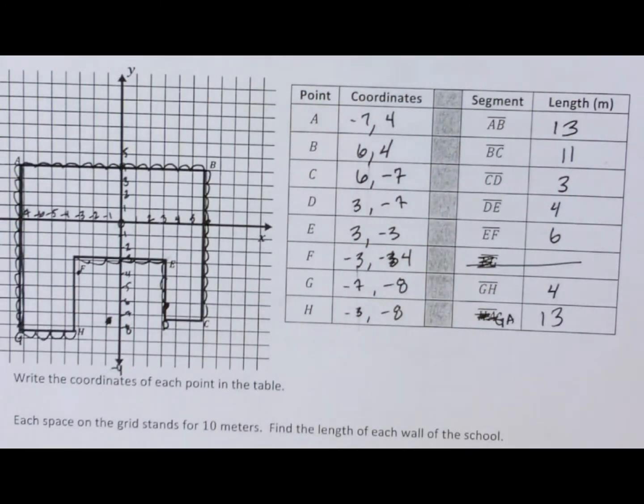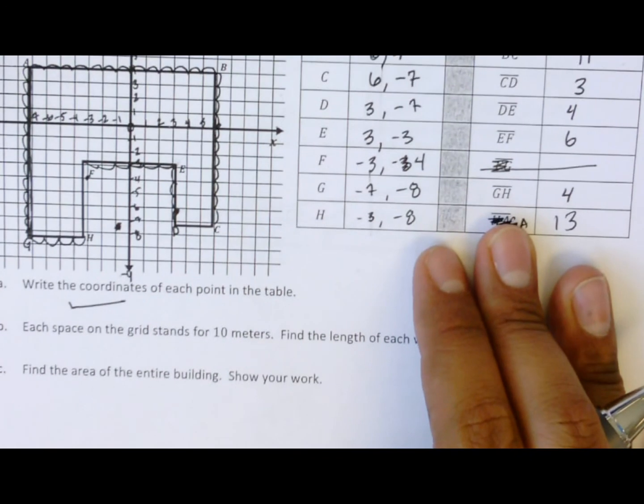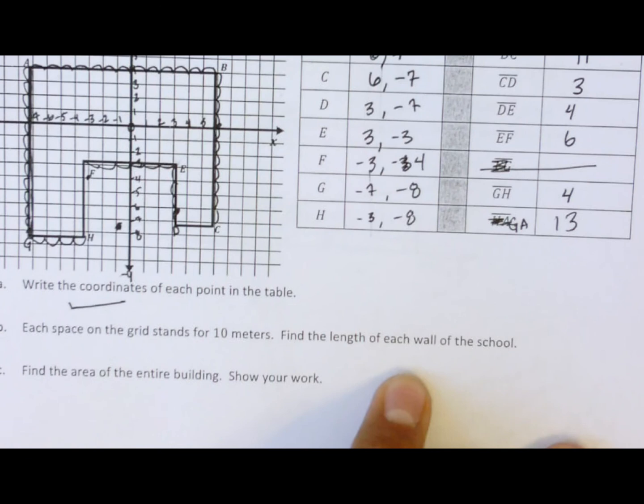Cool. So we wrote the coordinates. Check. Each space on the grid stands for 10 meters. Find the length of the wall for the school. Oh, dang. Here's a good way of doing it. You know what I would do if I were you guys? The length of each wall of the school.